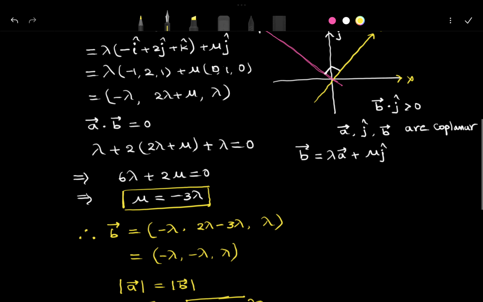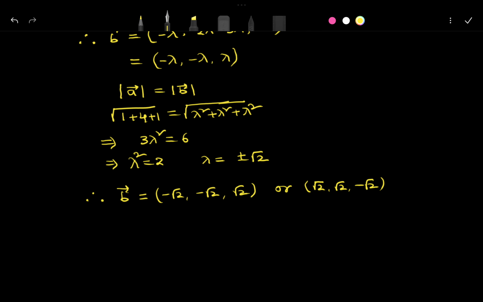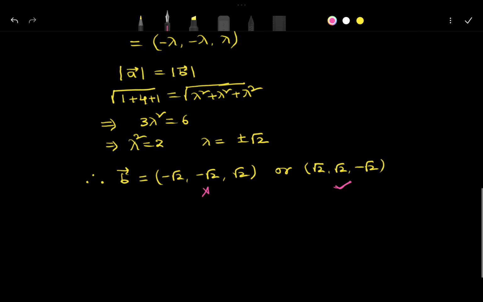According to the concept, the angle between b bar and j bar is an acute angle, and that means the j bar component is always positive. So the correct possibility is b bar equals root 2 comma root 2 comma minus root 2, and the other one is not possible.